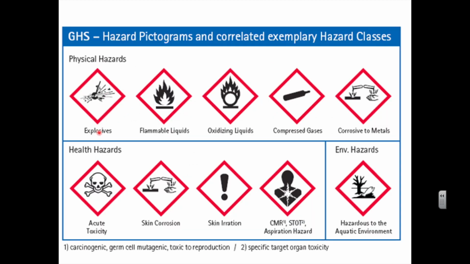Here the pictograms are what you have here, and you're responsible for knowing them for your test. Explosives, flammable liquids, oxidizing liquids, compressed gases, and corrosive to metals. And then acute toxicity, skin corrosion, skin irritation, and then an aspiration hazard. And then this one says it's hazardous to the environment.